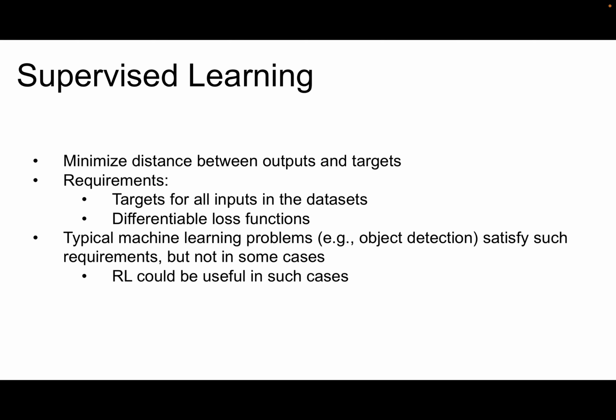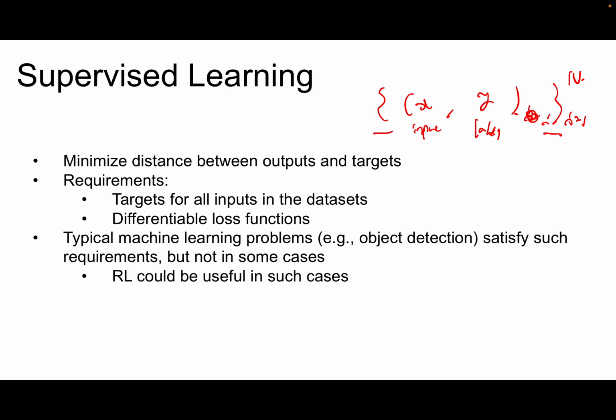So let's revisit supervised learning first. I assume most of you know what supervised learning is. It's a very typical learning paradigm in machine learning: minimize the distance between outputs and targets. Assume we have a large-scale dataset consisting of paired inputs X and labels Y, that is, input and label tuples.